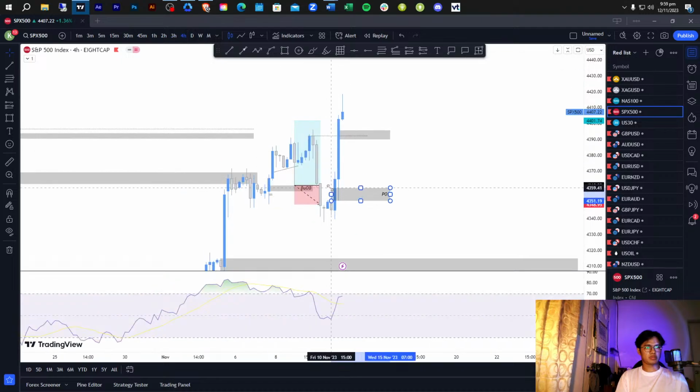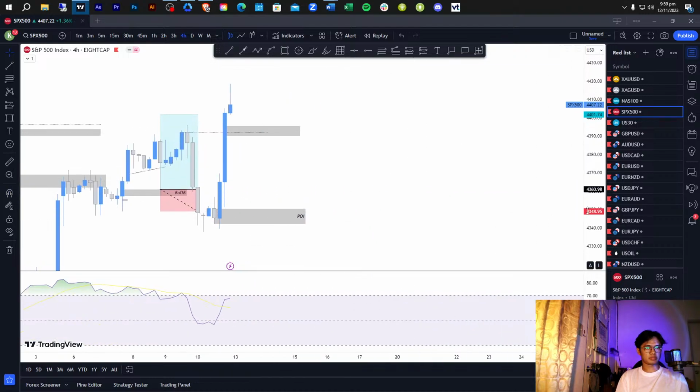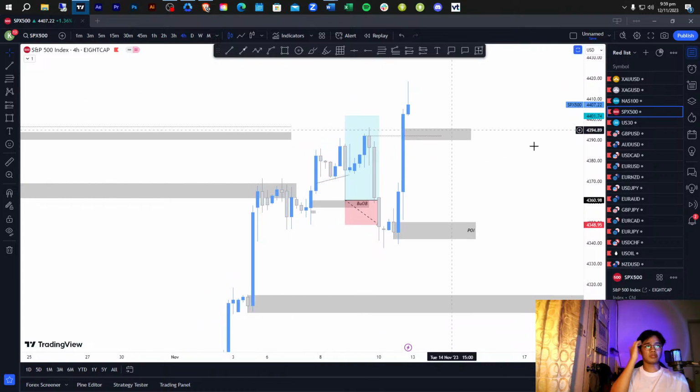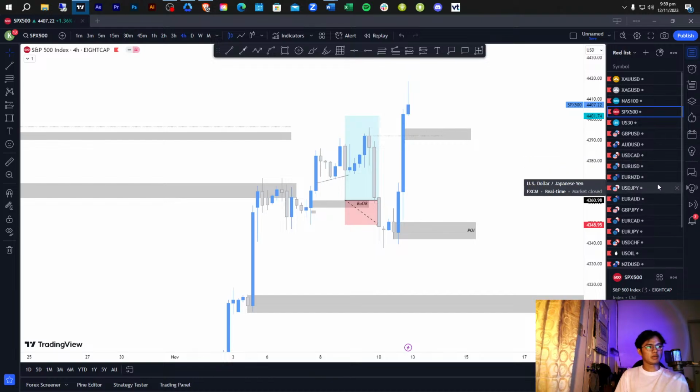Yep. This is a much better POI, especially since these indexes are much more greedy in getting stop losses, or mitigating orders, unlike on our forex pairs.